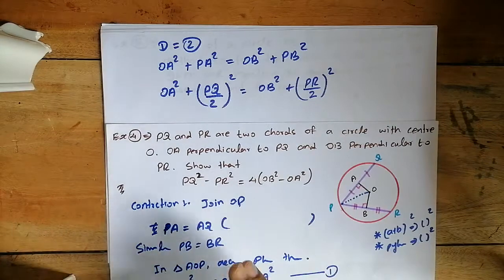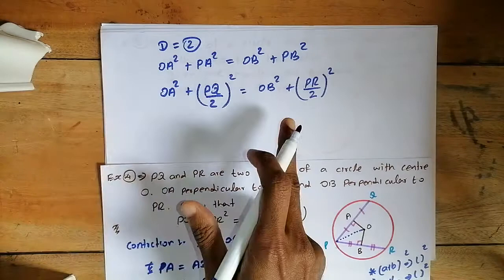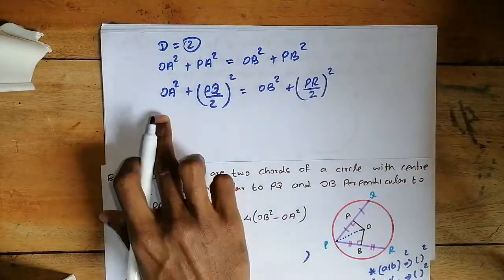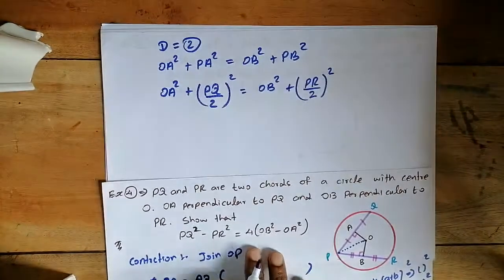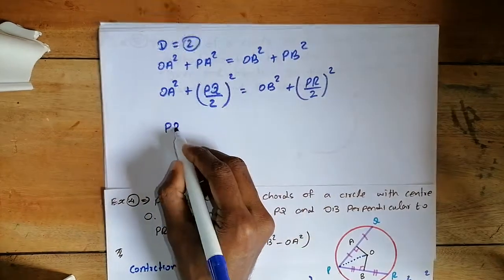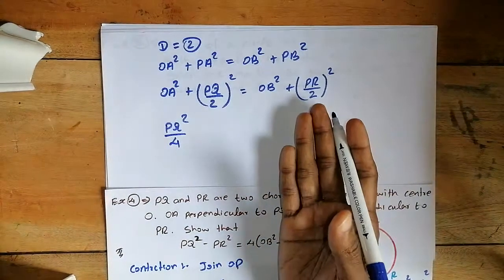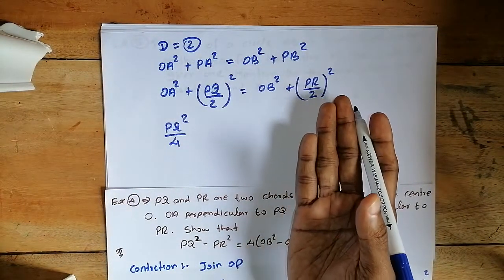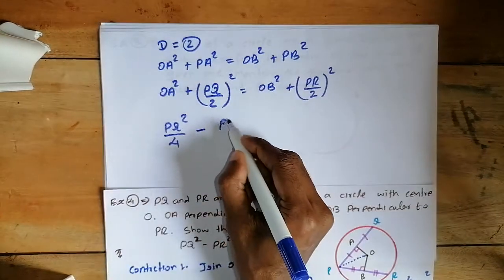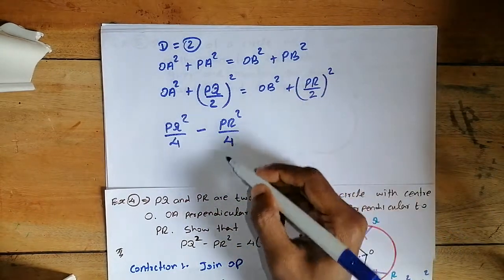Now we have to arrange it in the given order. So first we send the OA, because OB is subtracted from OA. So we send OA and we get PQ squared. If we remove the bracket, it's PQ squared over 4. Is that correct? So we can take the PR all squared over 2 to the other side, which means it's minus PR squared over 4.